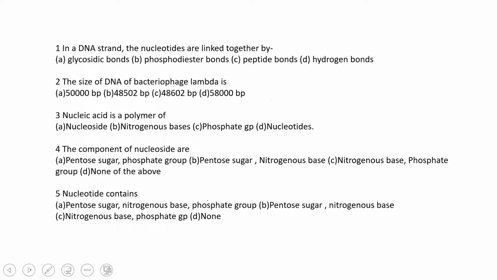The first question is, in a DNA strand, the nucleotides are linked together by glycosidic bonds, phosphodiester bonds, peptide bonds, or hydrogen bonds. So the point you have to consider is how nucleotides are linked together. To solve this question, let's understand the structure of the nucleotide.